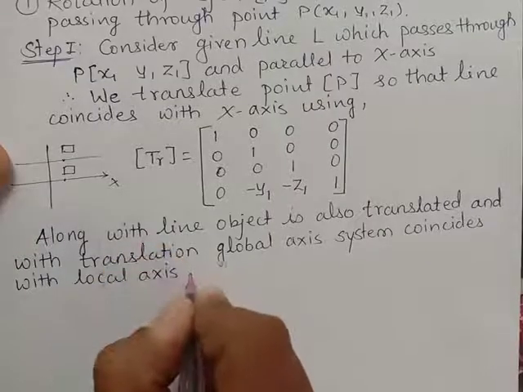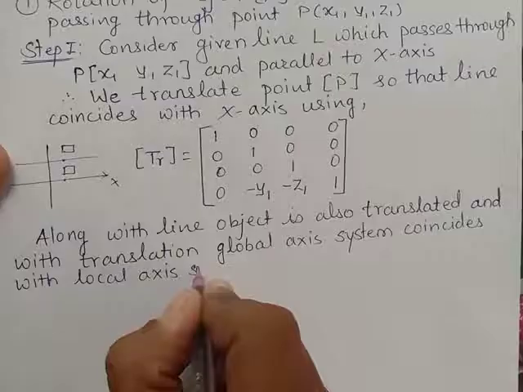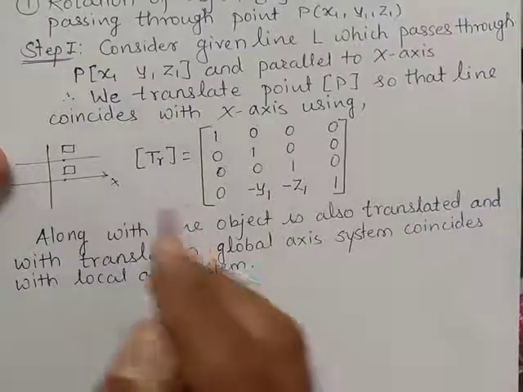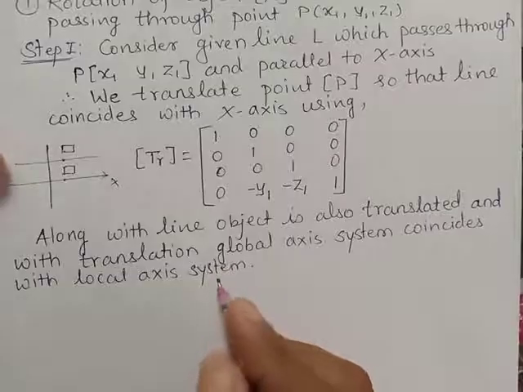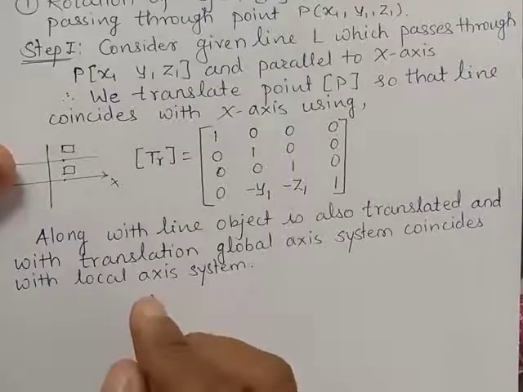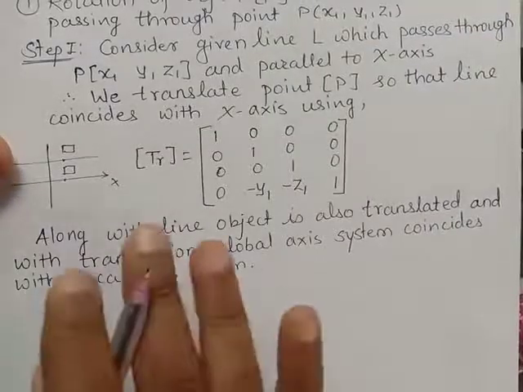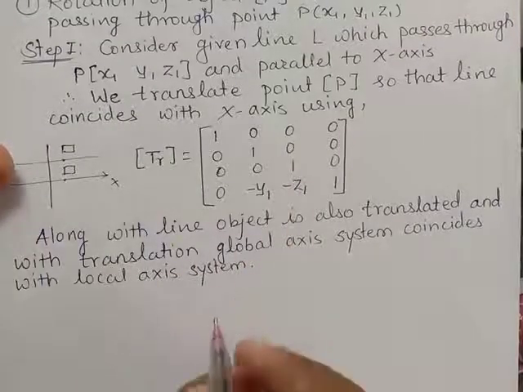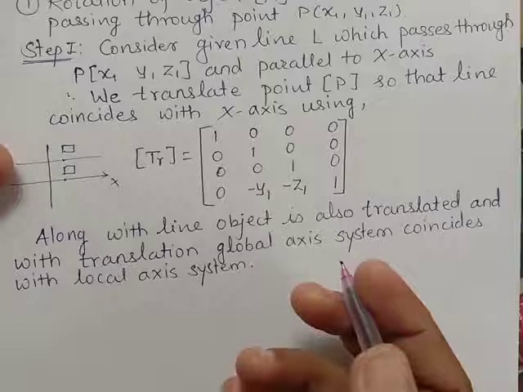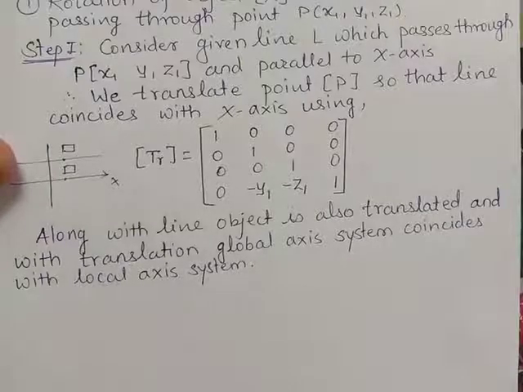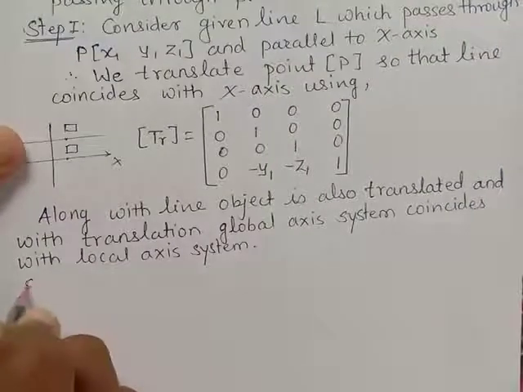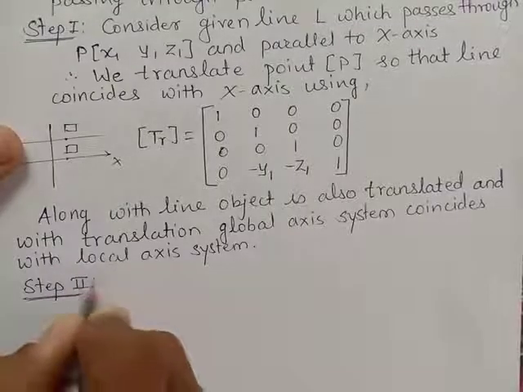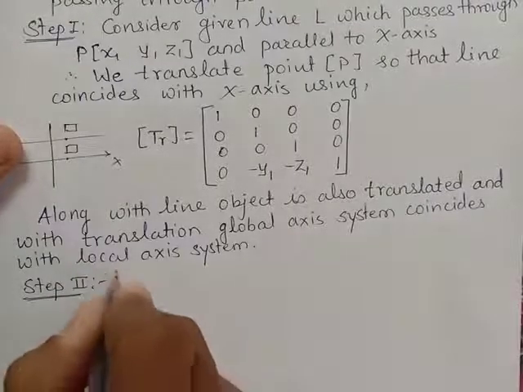Now, as that line parallel to the x-axis coincides with the x-axis, our original three-dimensional system occurs there, that is, the local axis system. So we can easily rotate that object about the x-axis through whatever angle is given to us. So step 2: that line is nothing but the x-axis now, that's why we can do it.